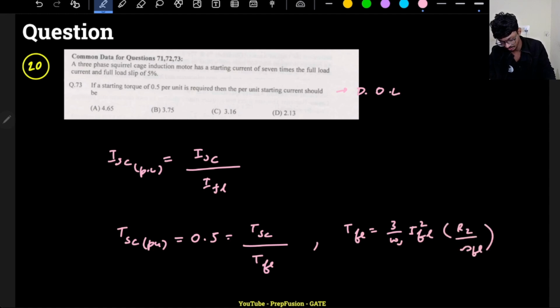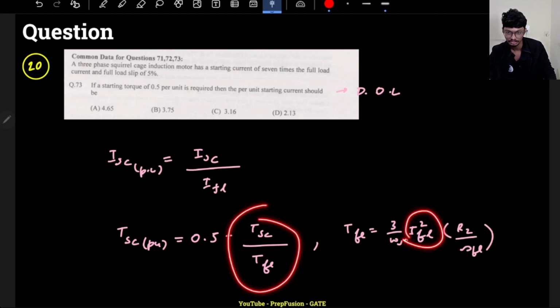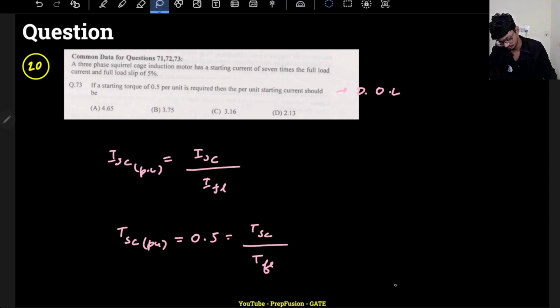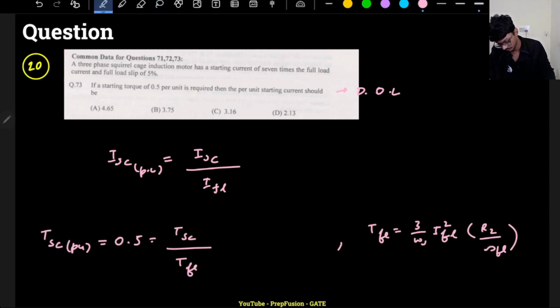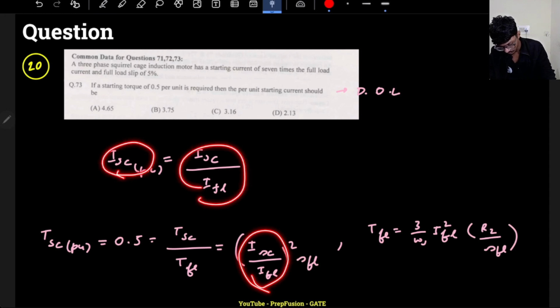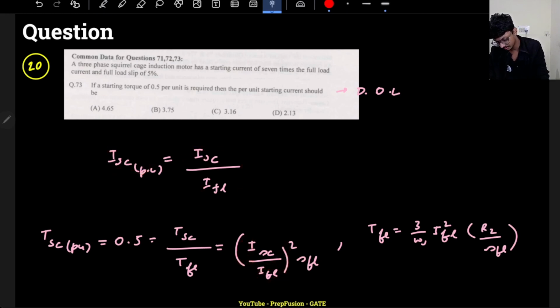Again, this is the same ratio. This ratio we already know. It is simply ISC whole square divided by IFL whole square into SFL. So this value will come out to be ISC divided by IFL whole square into SFL. Now, isn't this what I want? They are asking me this value.